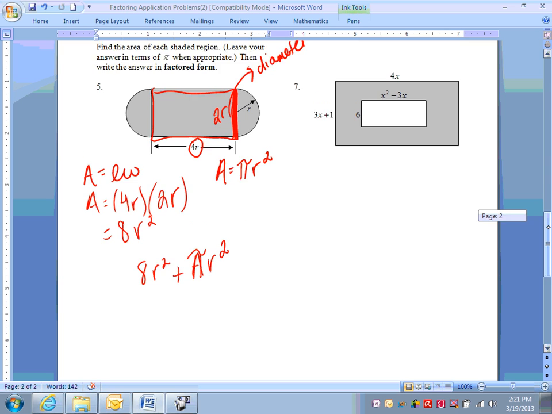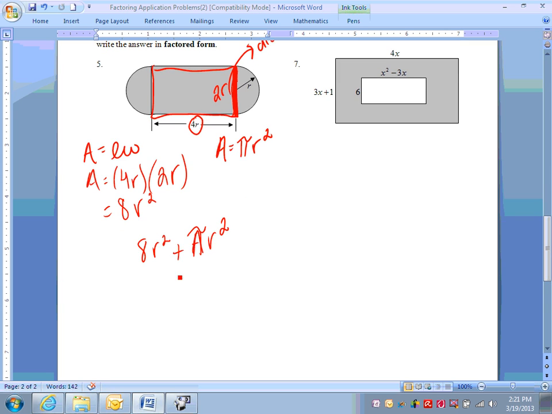And when we do that, we can factor this out. This is the total area of that shape. What can we pull out of this that they both have in common? They have an r squared, correct? So we pull out the greatest common factor of r squared, and we're left with what on the inside? 8 plus pi. So this is the area of the shaded region, r squared times 8 plus pi.